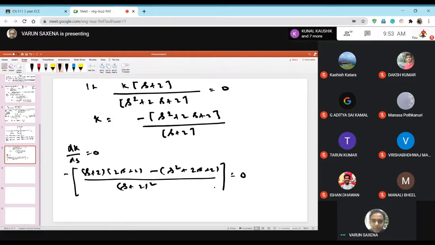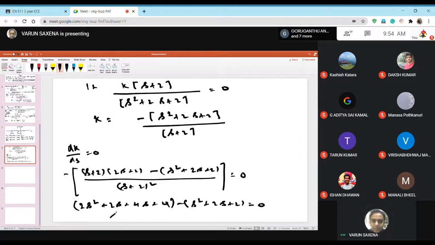So you're only left with 2s square plus 2s plus 4s plus 4 minus s square minus 2s minus 2 equals 0, right?